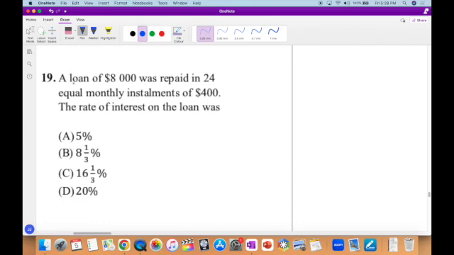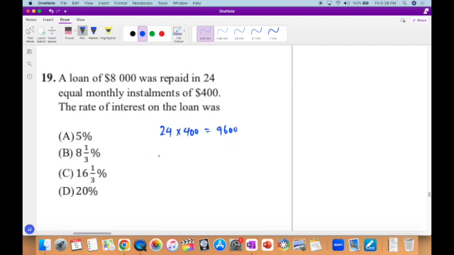All right, so number 19, a loan of $8,000 was repaid in 24 equal monthly installments. So 24 multiplied by 400, that will be about 9,600 after interest.